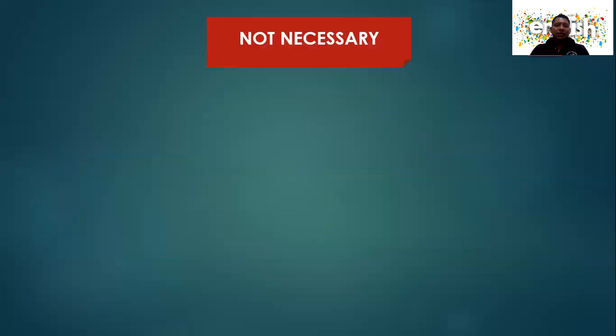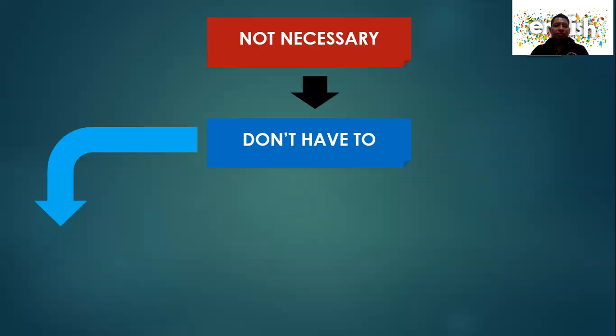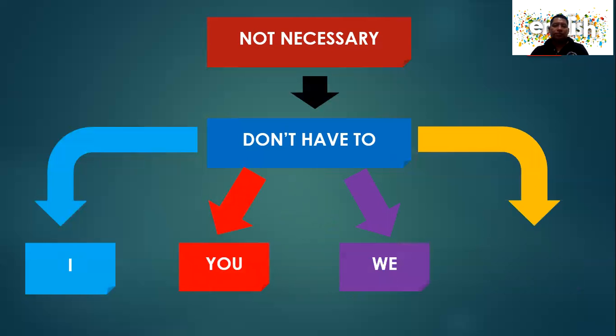When it's not necessary, we use don't have to, the negative form. And we use don't have to with I, you, we, and they. This is not necessary.